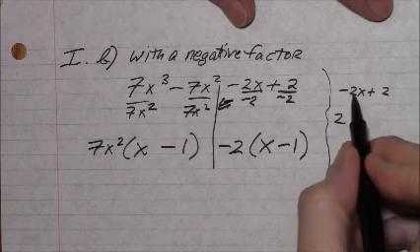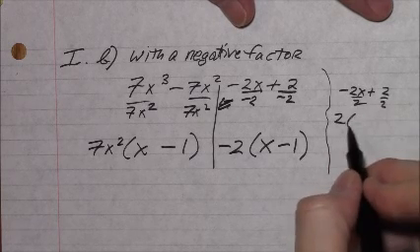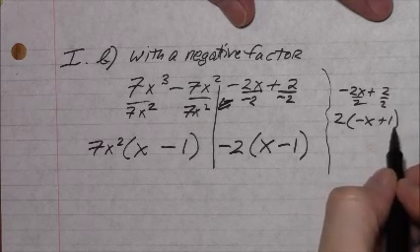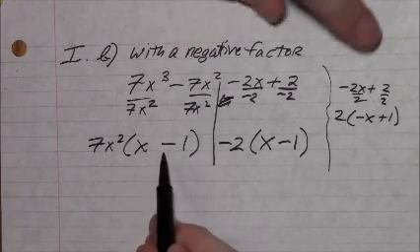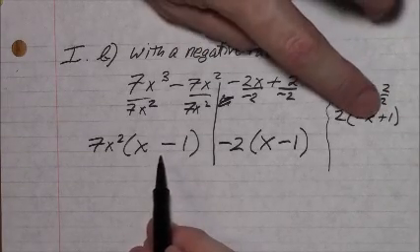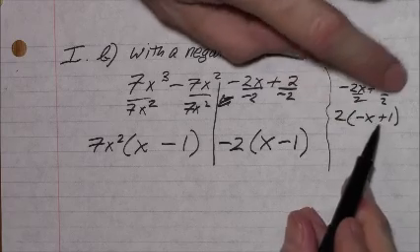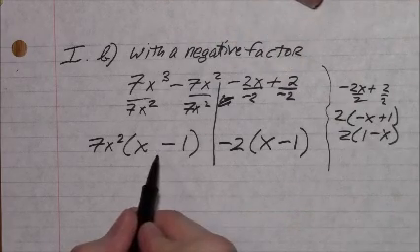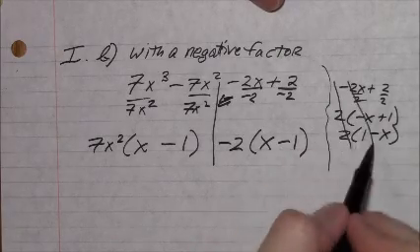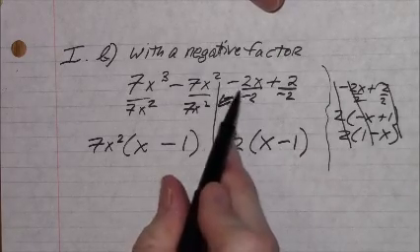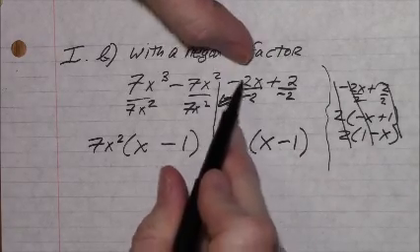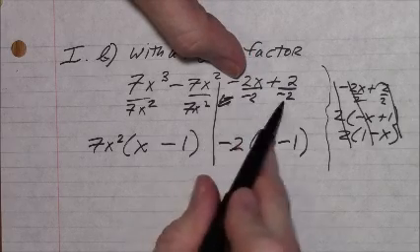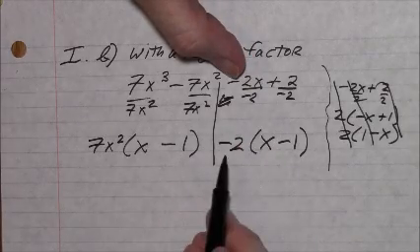If I take out just a 2, I'm going to have a negative x plus a 1. x minus 1 and negative x plus 1 are not the same thing. Even if I switched it, I would have 1 minus x, which is not the same as x minus 1. So this is not the way to do it. You have to take the negative out whenever the third term is negative. You're going to have to divide by the negative as well.